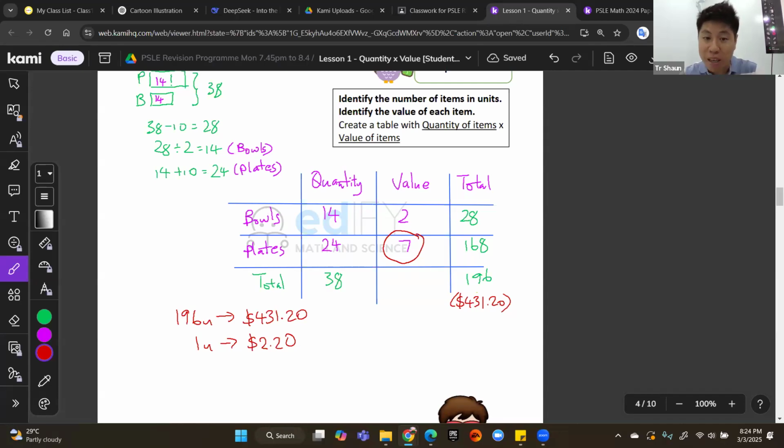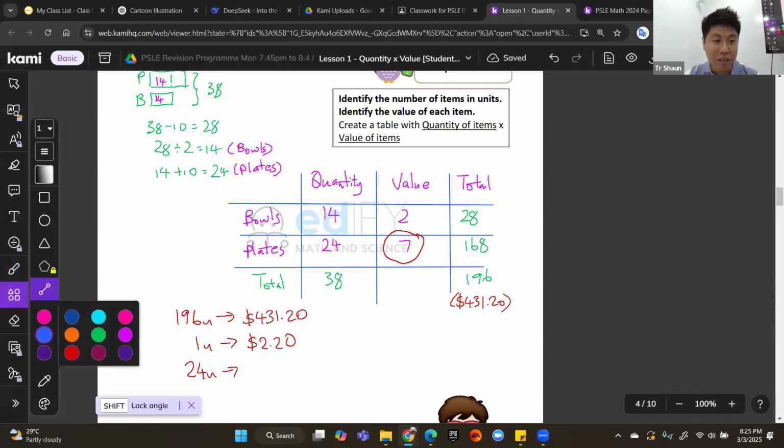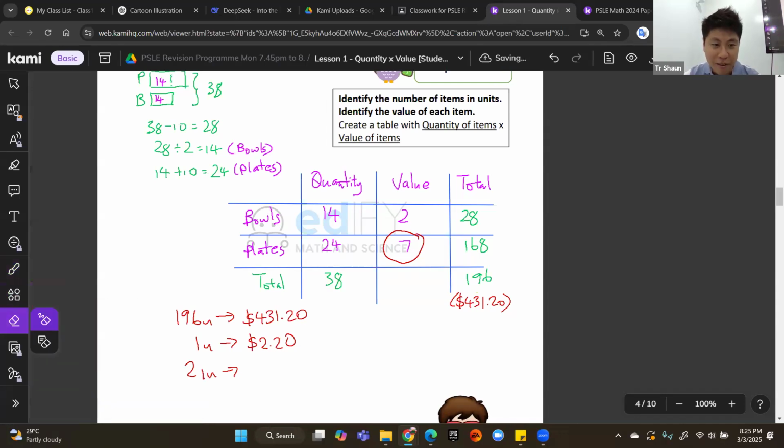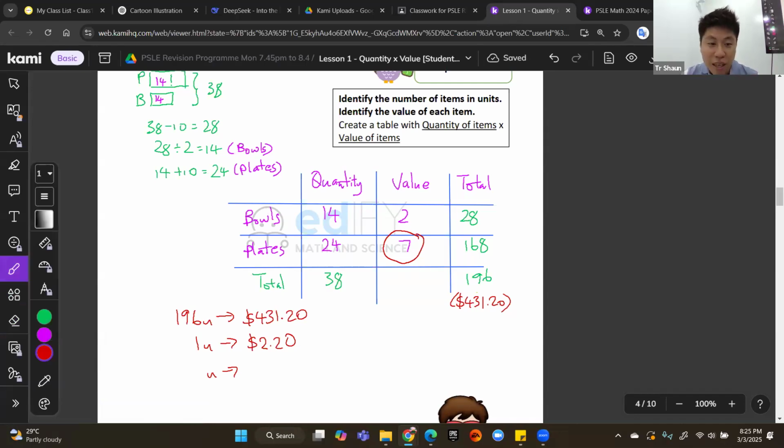Can you imagine you identify wrongly? Can you imagine Keegan put here 24? Then you just lose half the marks. That is very wasted, which he always does in his heuristics lesson. Always reach until here, then carelessly choose the wrong type of units, and make a careless mistake. So please don't do that, because it's very wasted.